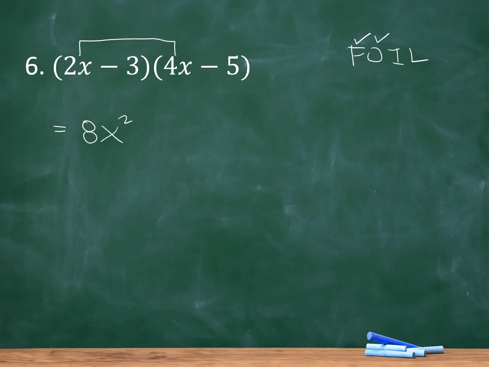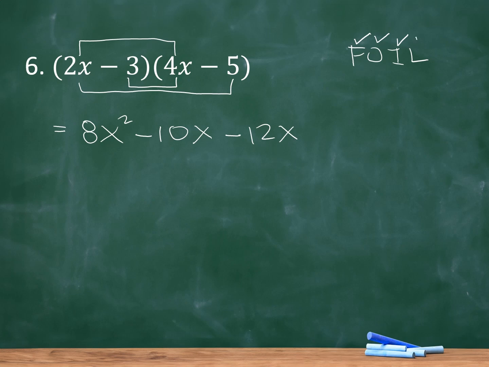Next, O means outer terms, so we will multiply 2x times negative 5, and that would be negative 10x. Next, I would be inner, so we will multiply negative 3 and 4x. Negative 3 times 4x will be negative 12x.